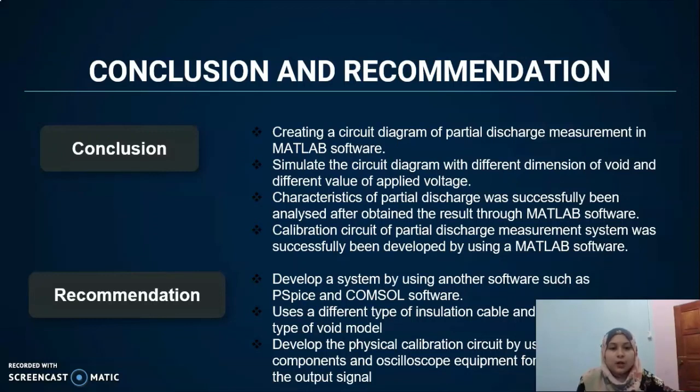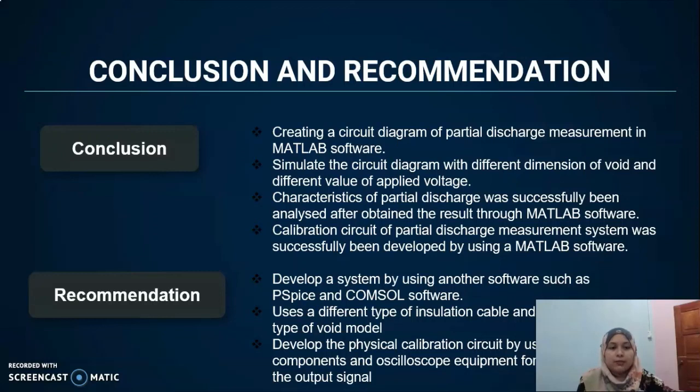After the results were obtained through the simulation, the characteristics of partial discharge were successfully analyzed. And lastly, the calibration circuit of the partial discharge measurement system was successfully developed by using MATLAB software to calibrate a test object.